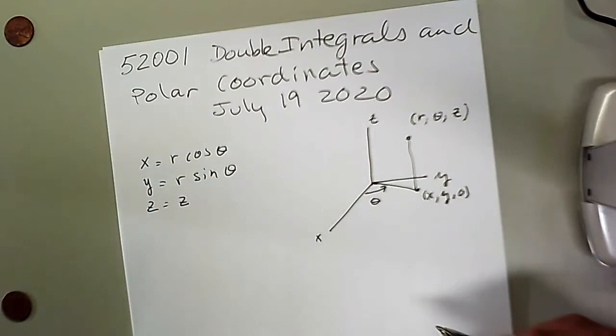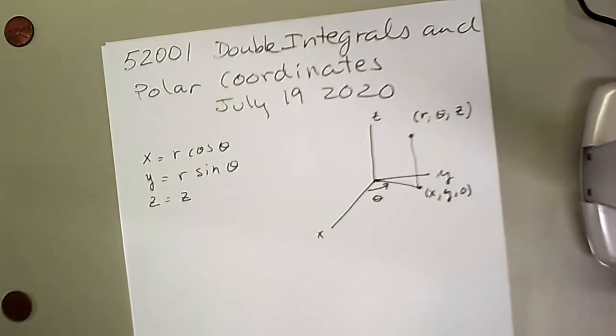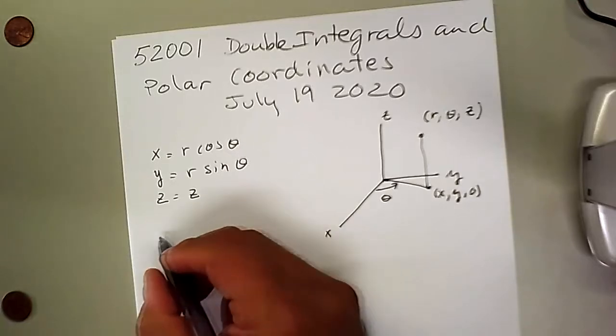So the question is, how do we integrate using polar coordinates as opposed to x, y coordinates, Cartesian coordinates? We have to figure out how to find areas of rectangles. So let me talk about rectangles for a moment.